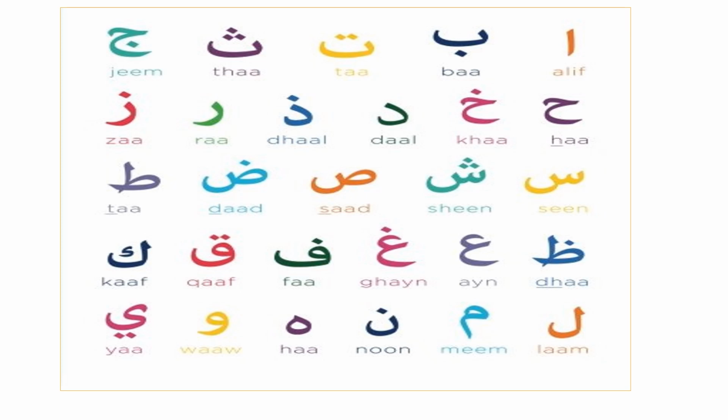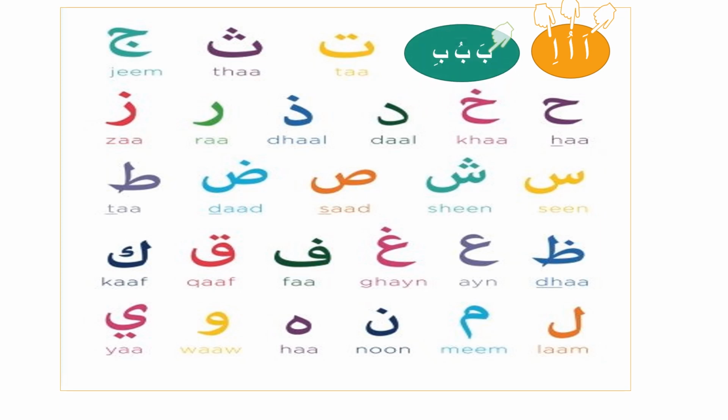And the last thing, let's do the alphabets with the three short vowels. A, U, I. Ba, Bu, Bi.